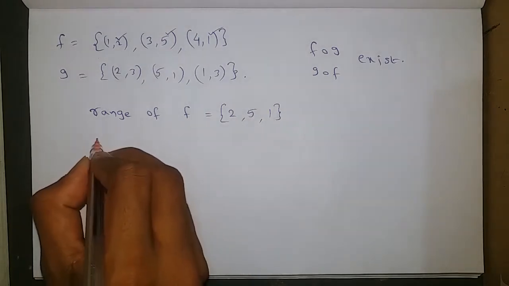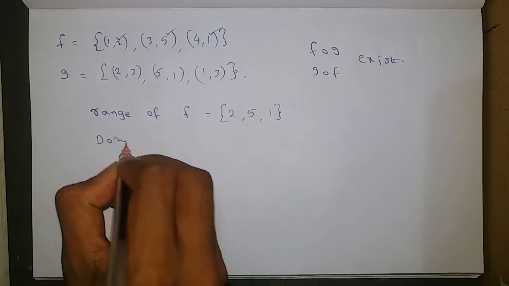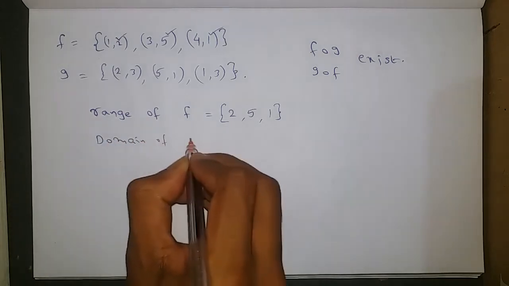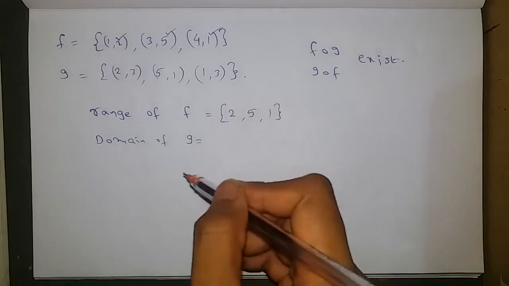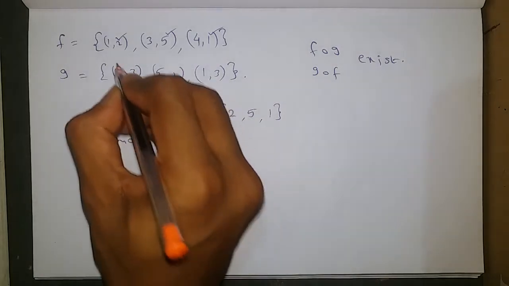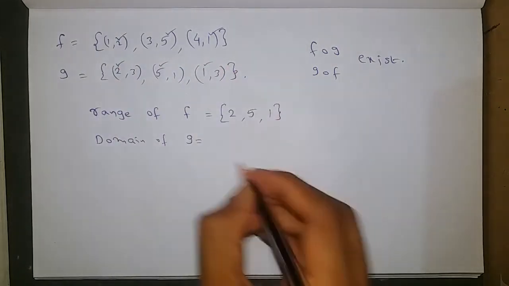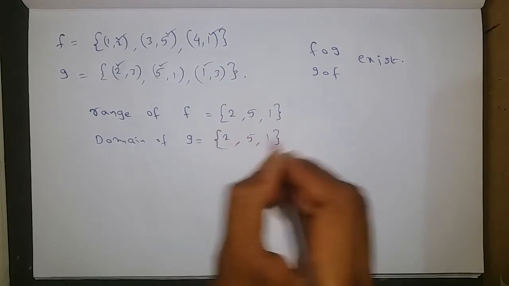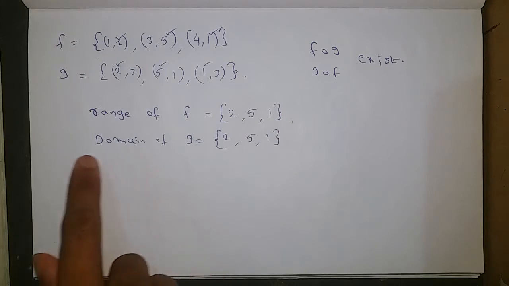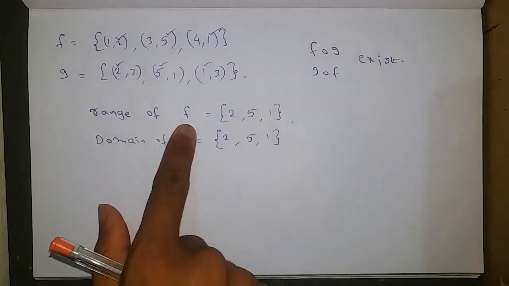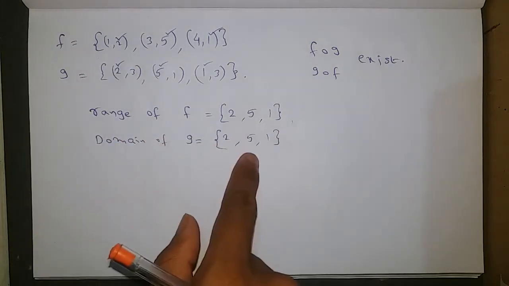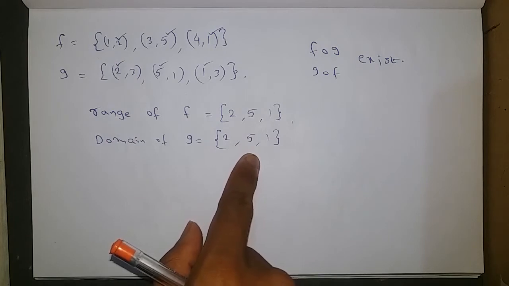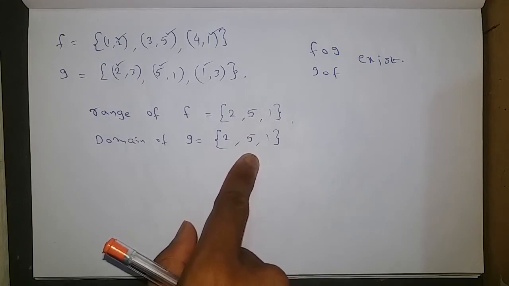Next, domain of g. So domain is nothing but the first element. So first elements of g are 2, 5, 1. If we observe these two, range of f is equal to domain of g.